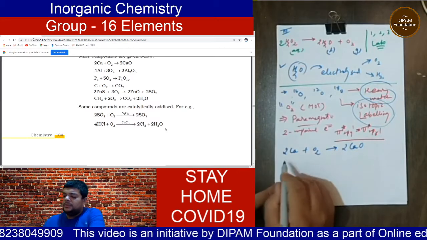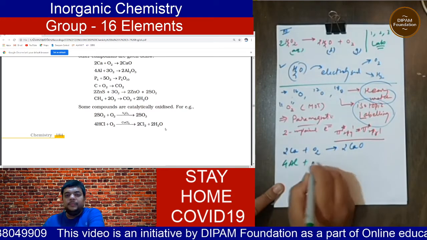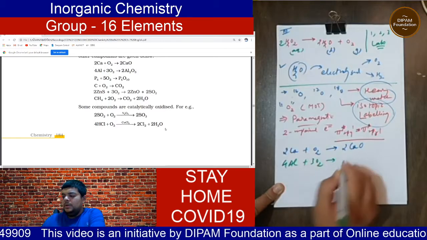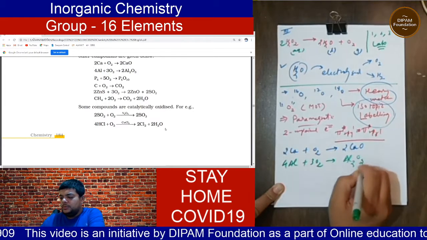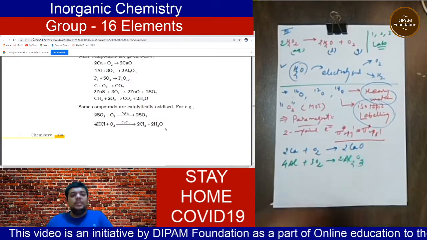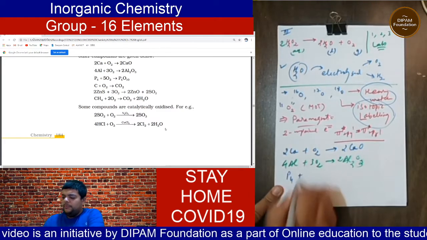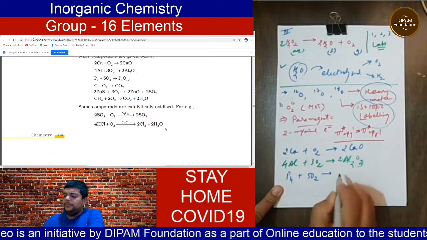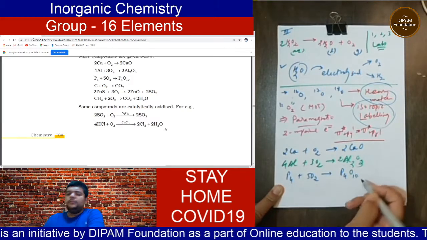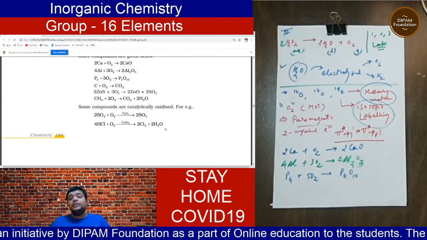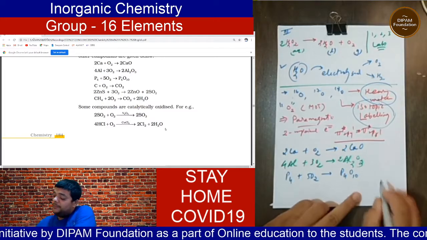If it combines with 4 mole of aluminium, it forms aluminium oxide. If it combines with phosphorus, it forms phosphorus pentoxide. Over here, I'll be stopping for a minute.